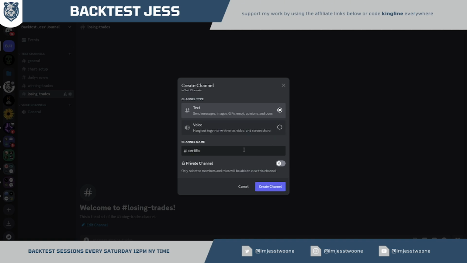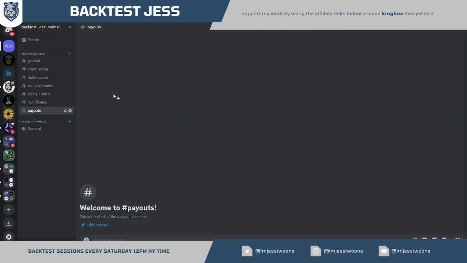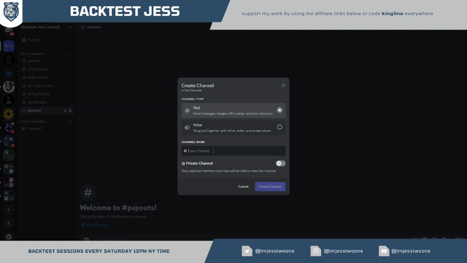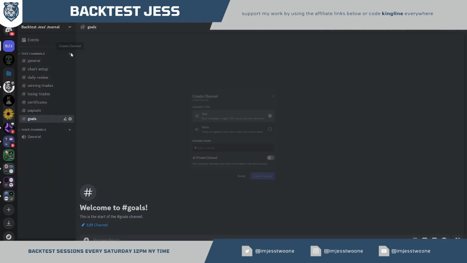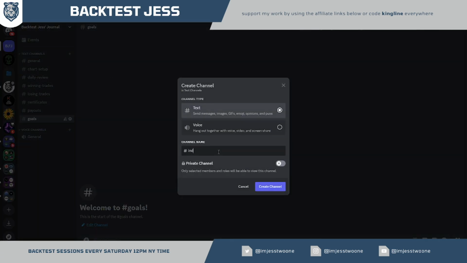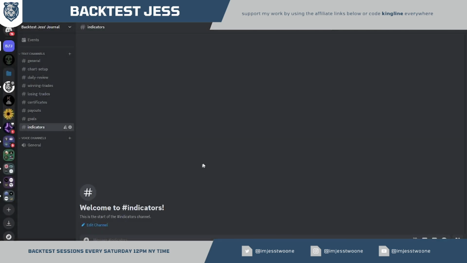Certificates. Payouts. Goals, really important. And indicators. That way you can save links to all the indicators that you use.